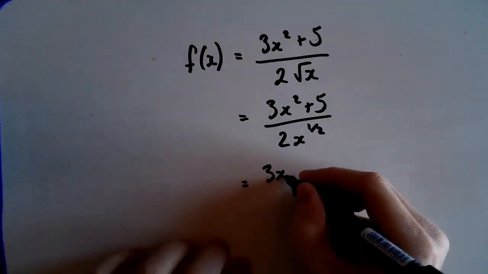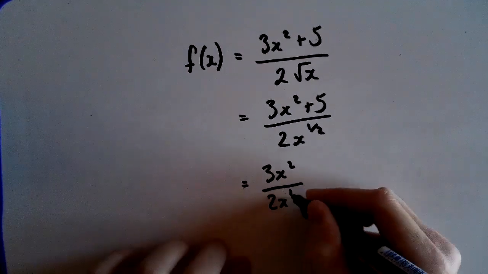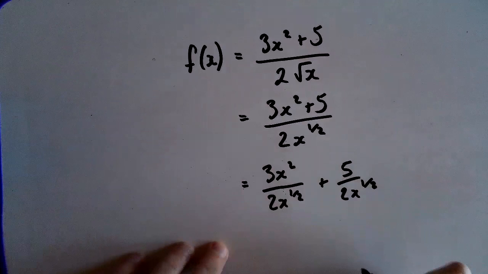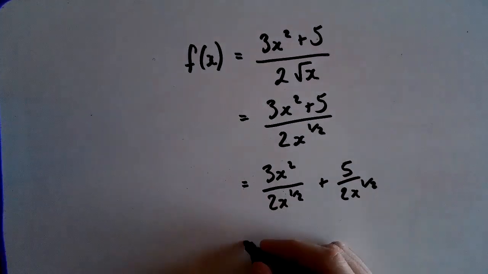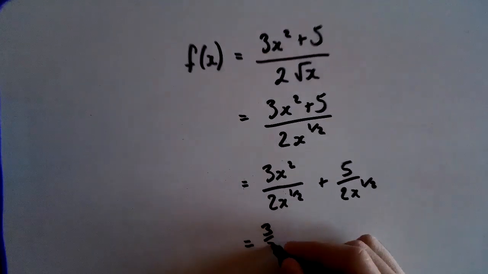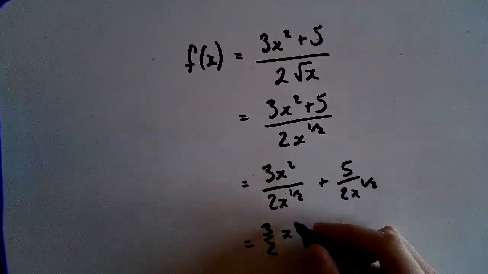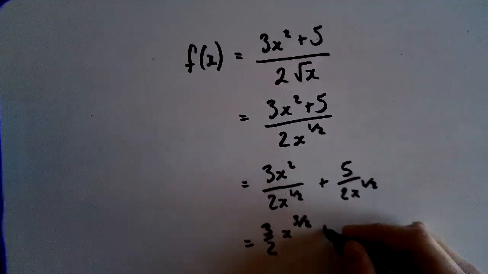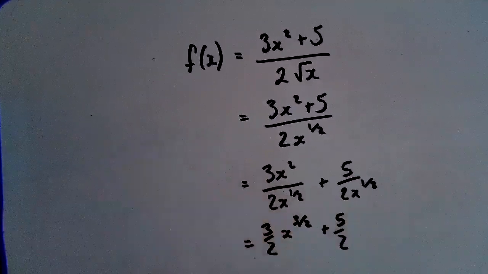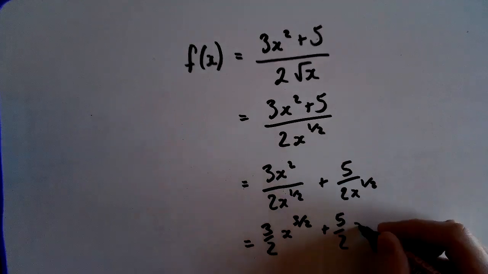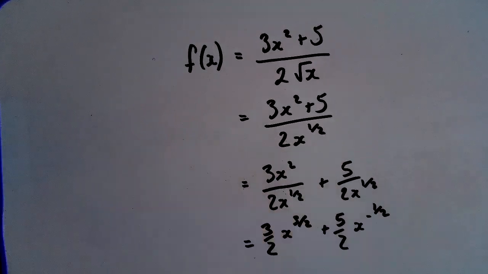Split up the fraction, so 3x squared over 2x to the half plus 5 over 2x to the half, and then rewrite each term. So 3 over 2, take with the powers and dividing, so 2 take away half is 3 over 2, and here 5 over 2 is the number, and for no x's, take away power over half, so it's x to the minus a half.